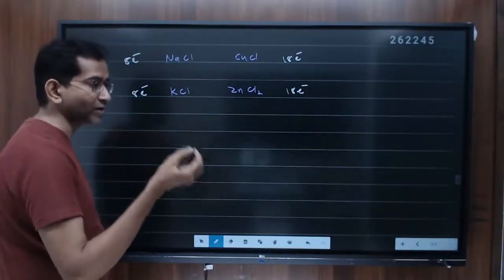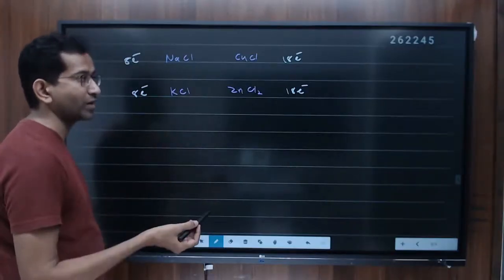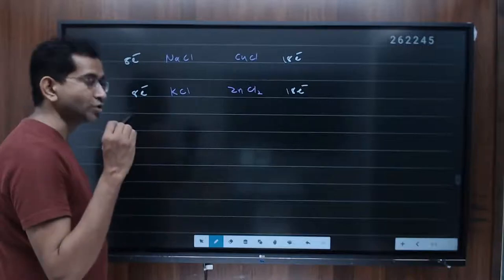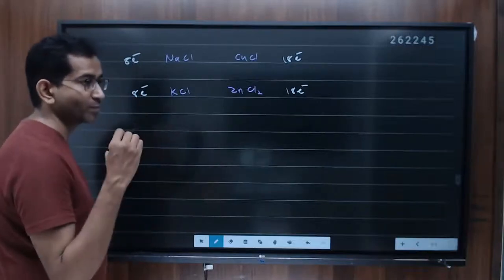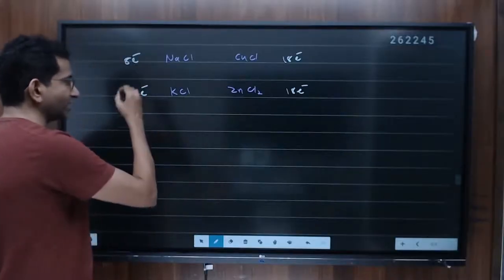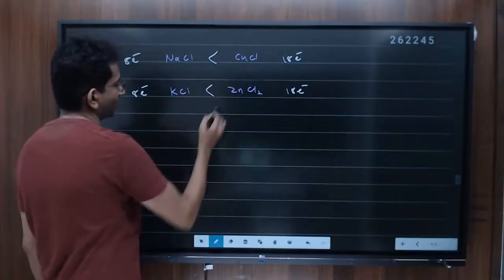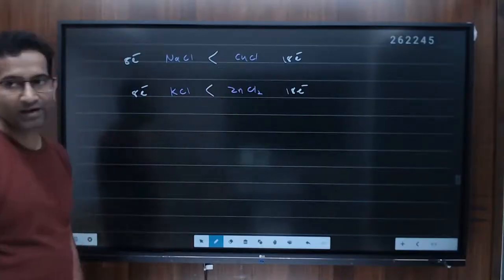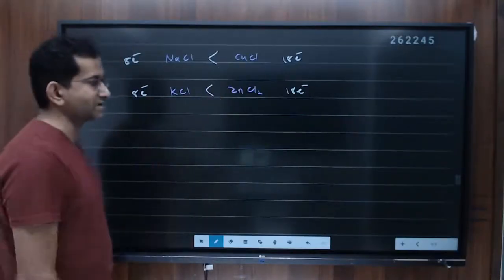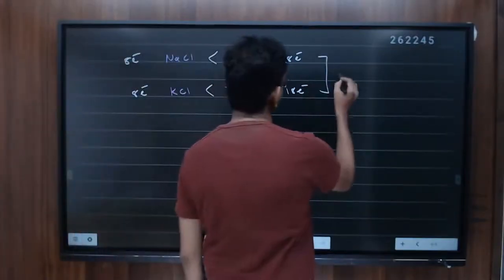But once the electron exchange is over, polarization starts. And whose polarizing power is more? Pseudo noble gas configuration has more polarizing power as compared to absolute noble gas configuration. So the polarization of CuCl will be more as compared to NaCl, and ZnCl2 will be more as compared to KCl. So this is for polarization.